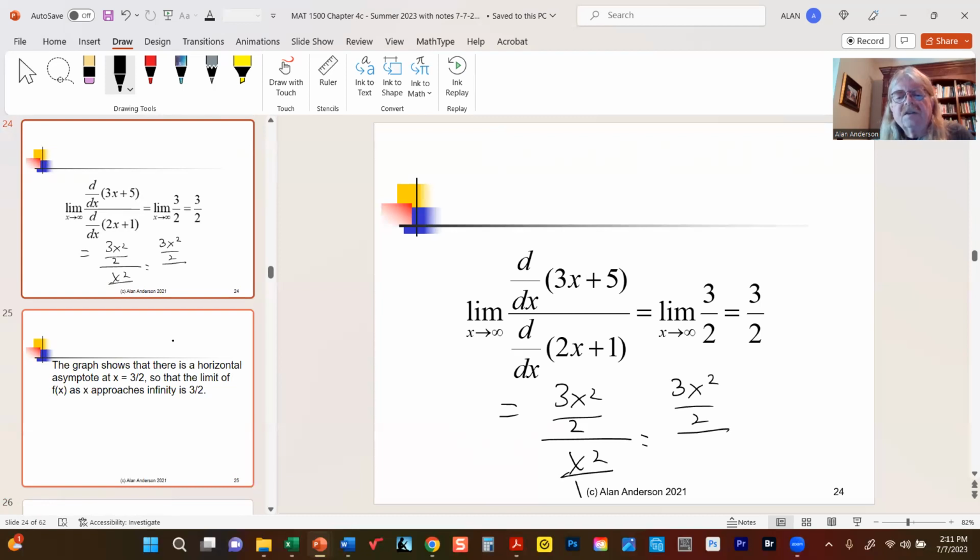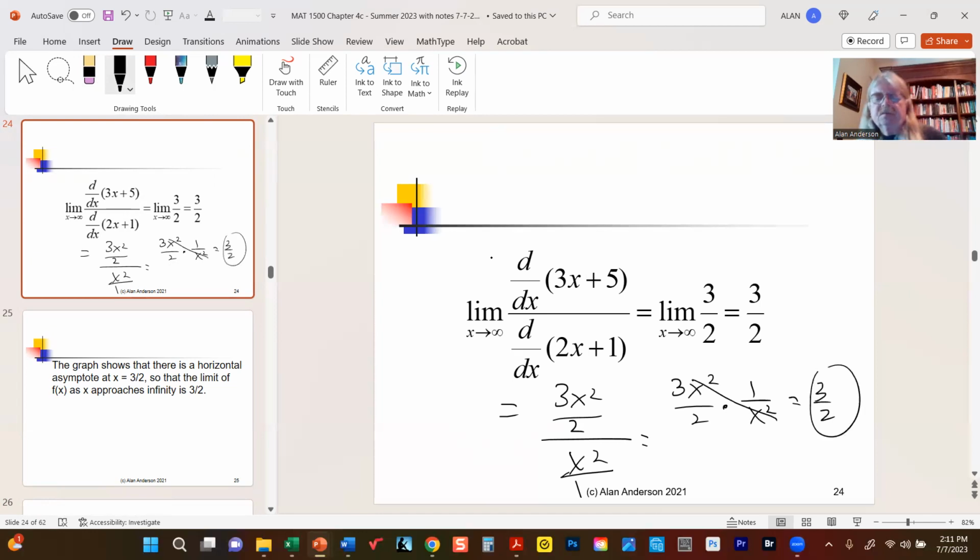Let's rewrite this as x squared over 1. Okay, good. So then it's more noticeable that this is equivalent to multiplying by 1 over x squared. All right, and then these drop out and end up with 3 halves. So this divided by 1 isn't really necessary, but if you have something like 3x over 4 over 3, it's equivalent to 3x over 4 over 3 over 1.